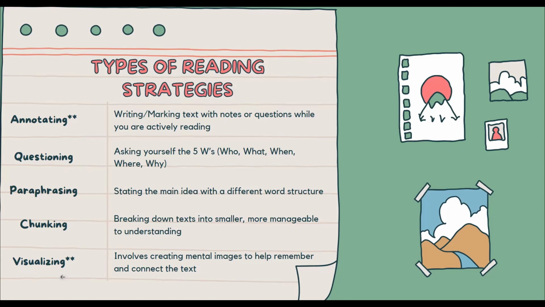Visualizing can honestly help you see quite literally the bigger picture. It makes it easier to understand when you can actually see it, and it's really beneficial for people who are visual learners. That's why I put a star on that one, because it is another very popular reading strategy that can be used in different ways.